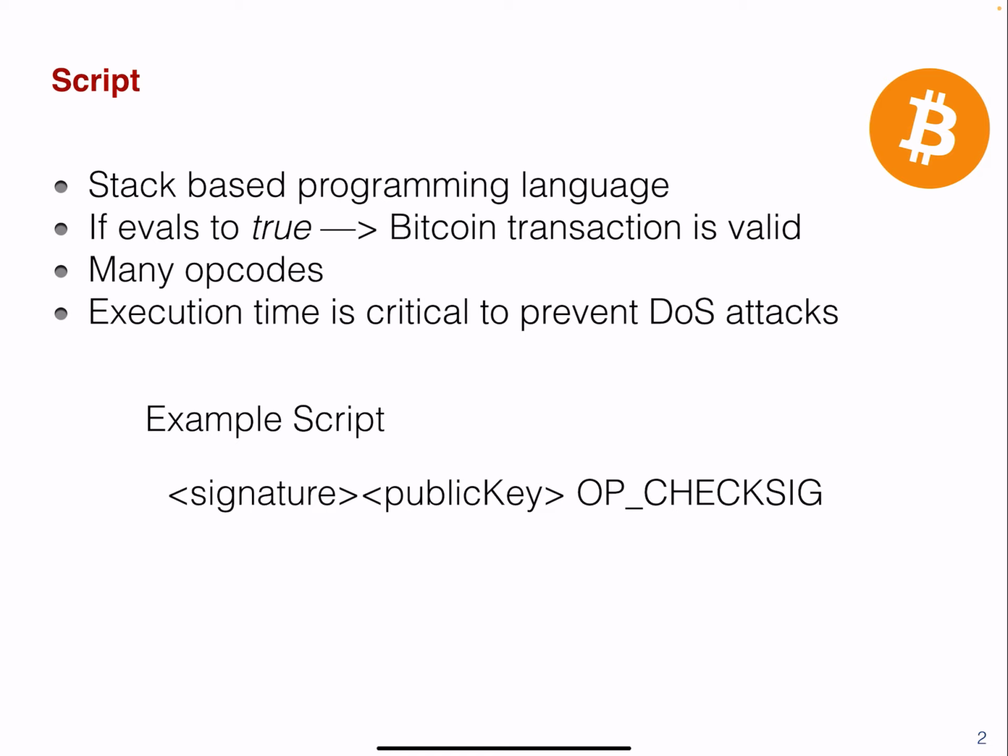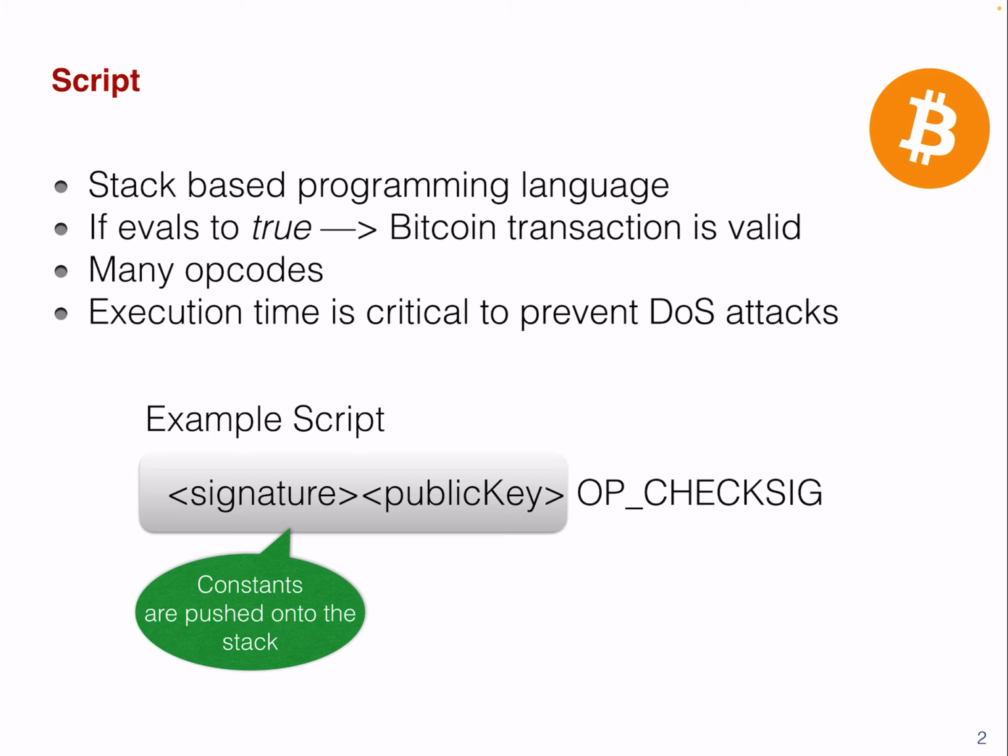So to give you an example script here, we have a signature, which is a constant. We have a public key, which also is a constant, and then we have an opcode, and the opcode is called CHECKSIG. So what do you think this opcode is doing, CHECKSIG? Think for a second. CHECKSIG means basically check signature.